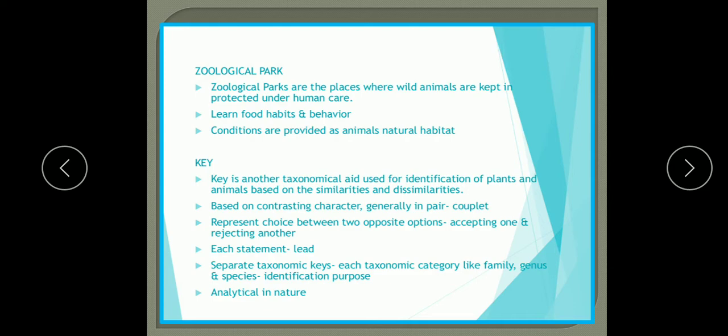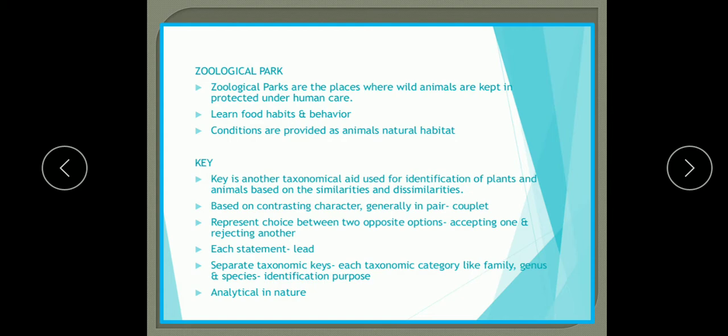A taxonomic key is another taxonomic aid used for the identification of plants and animals based on similarities and dissimilarities. This key is used by biologists for identifying unknown organisms. It is a useful tool for the identification of species based on similarities and dissimilarities.